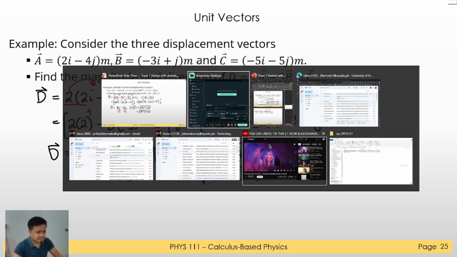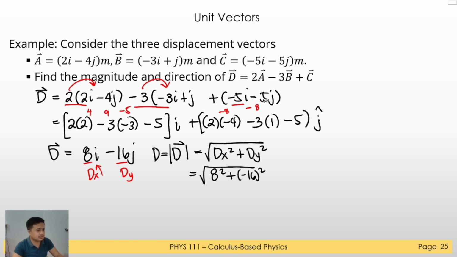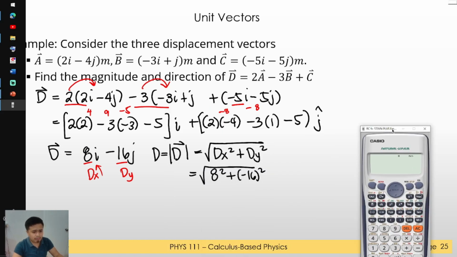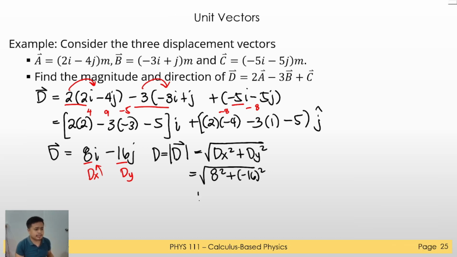Sorry. Okay, so where is the calculator? Square root of 8 squared plus 16 squared. We could just omit the negative sign since it will cancel out. So the answer here will be 17.89. So this should be in meters.